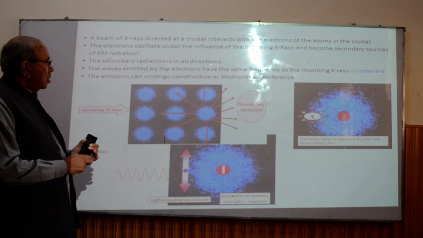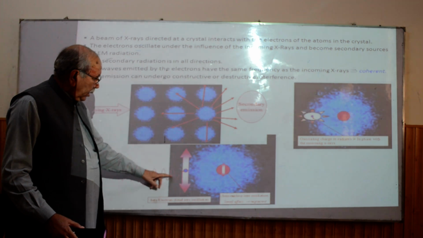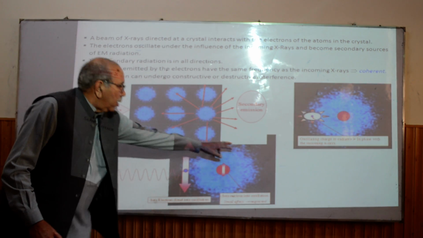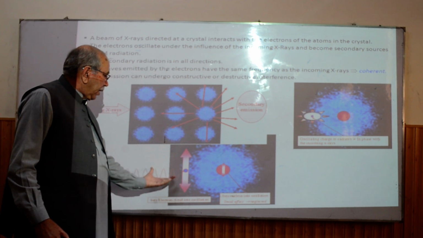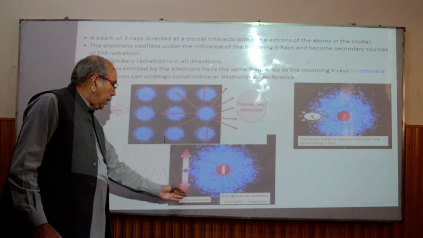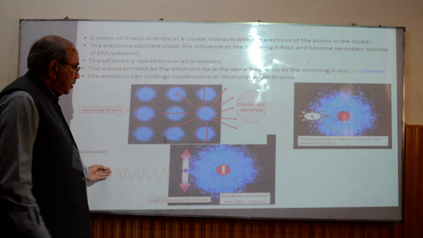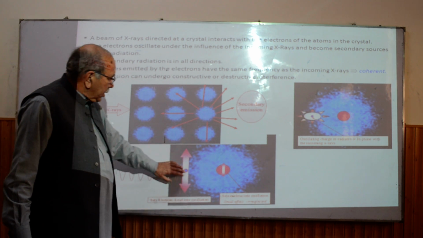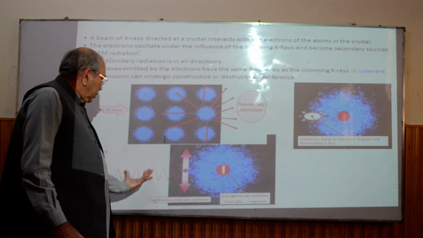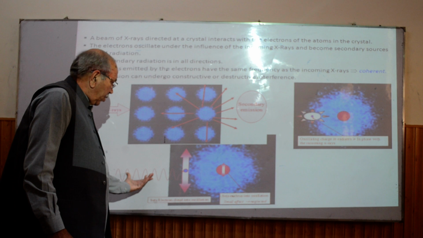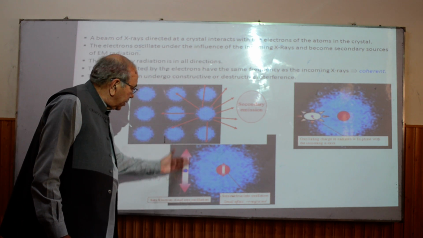Now if this is the incident X-ray, this is the electron, a bound electron with the atom. When these radiations fall on it, it will oscillate with the same frequency as that of the incident radiation. So this electron becomes the secondary source of X-ray emission.